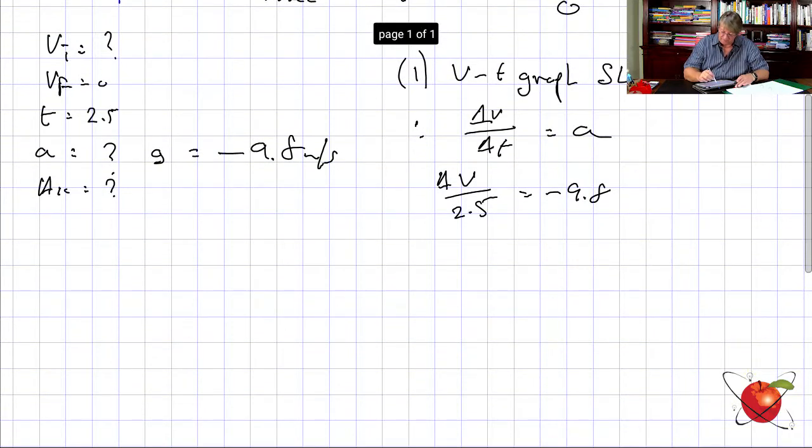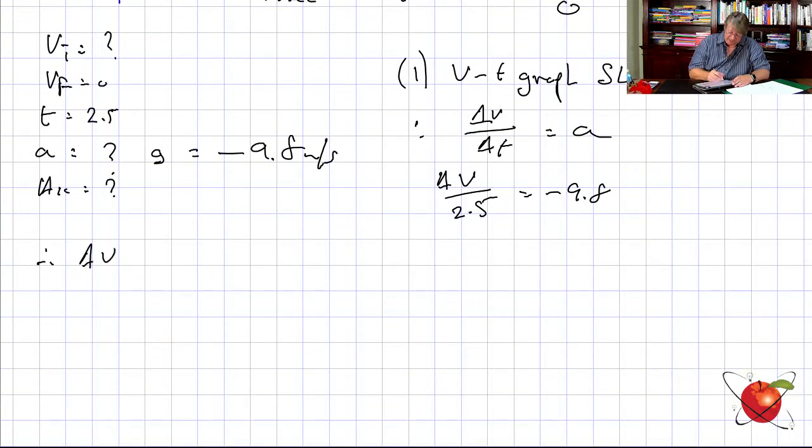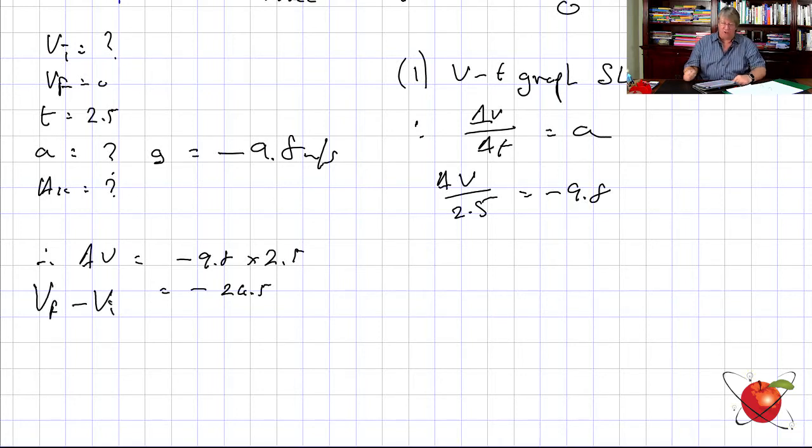Correct? All right. Therefore, delta V must be equal to minus 9.8 times 2.5. And in my calculator, that is minus 24.5.